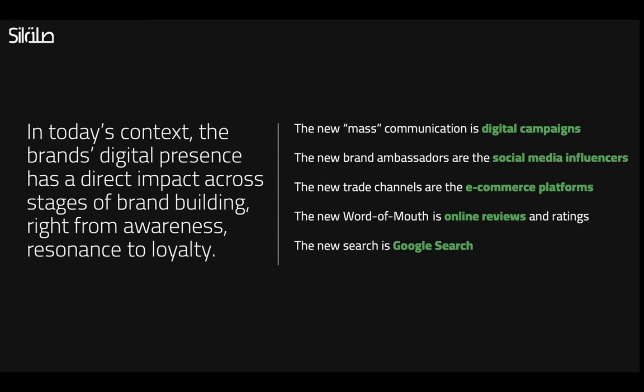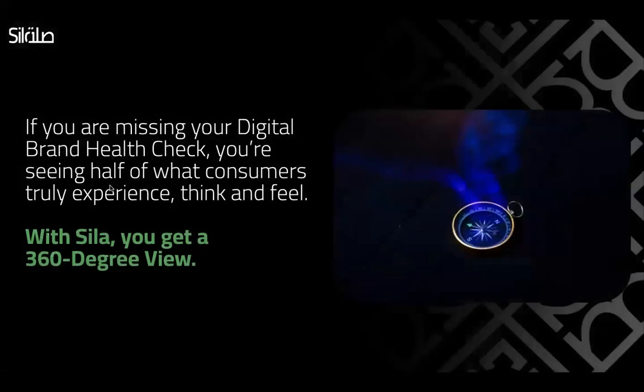Instead of asking people what their opinion is, I'd go on Google and just search for that brand. And this is today's environment. And if we aren't considering these aspects in your brand health check, then you're literally seeing half the picture.